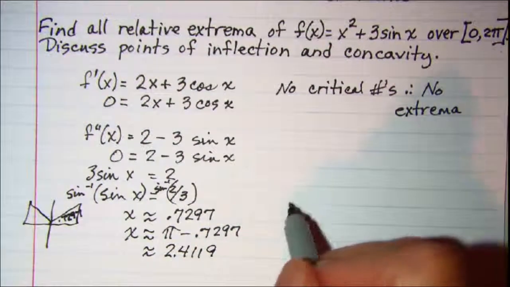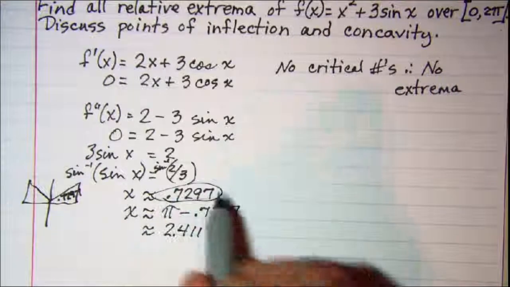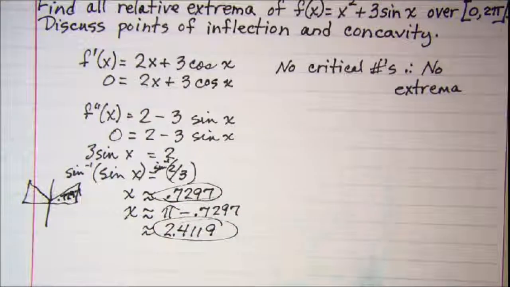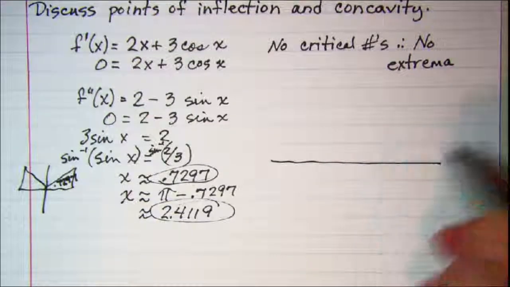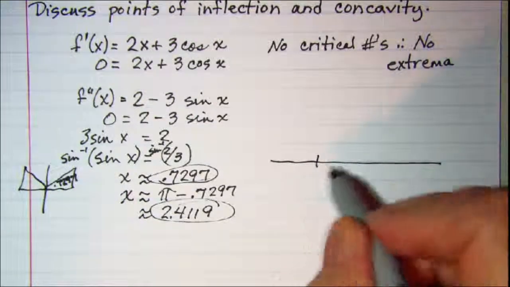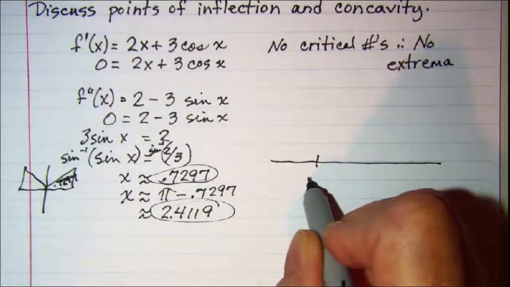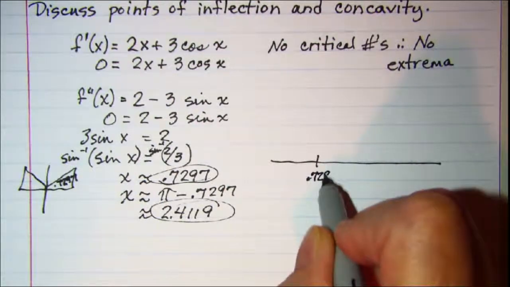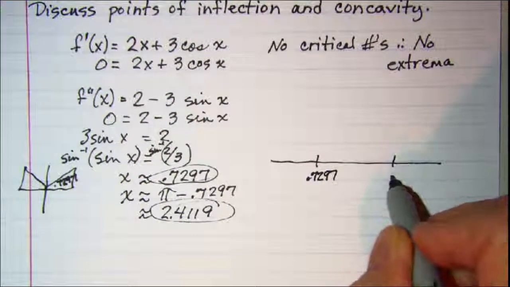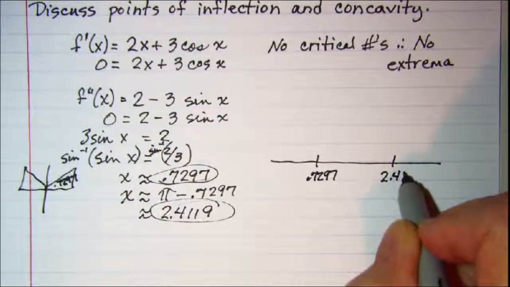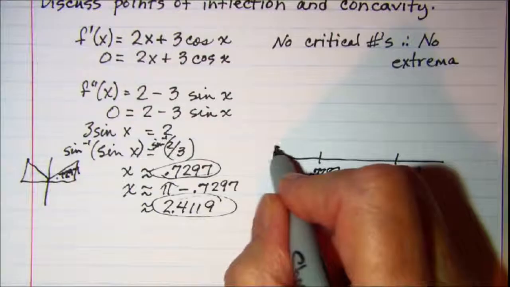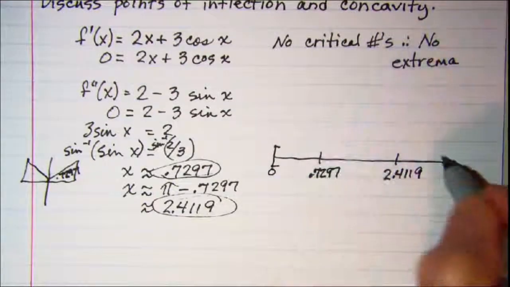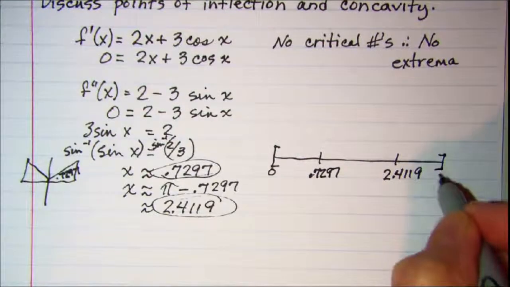So now, using this x value and this x value, let's check the concavity, 0.7297 and 2.4119 on the interval from 0 to 2 pi.